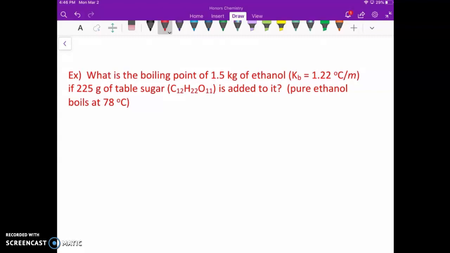So let's figure out the delta TB. Just going to rewrite my equation here: Kb times m times i. Now we have to figure out the molality. So first we have to figure out 225 grams of C12H22O11.